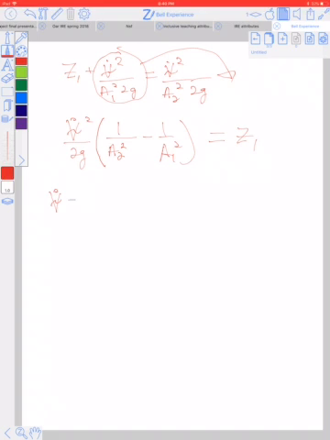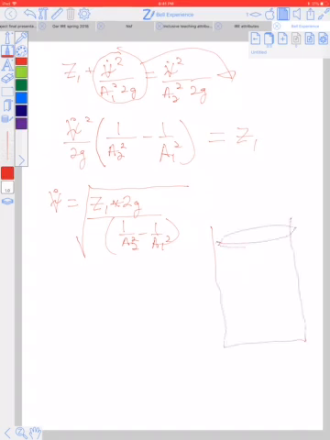So now I can say volumetric flow rate squared equals Z1 times 2g divided by 1 over area 2 squared minus 1 over area 1 squared, and if I want to get rid of this square, I can take the square root of everything, and everything in here I can measure.